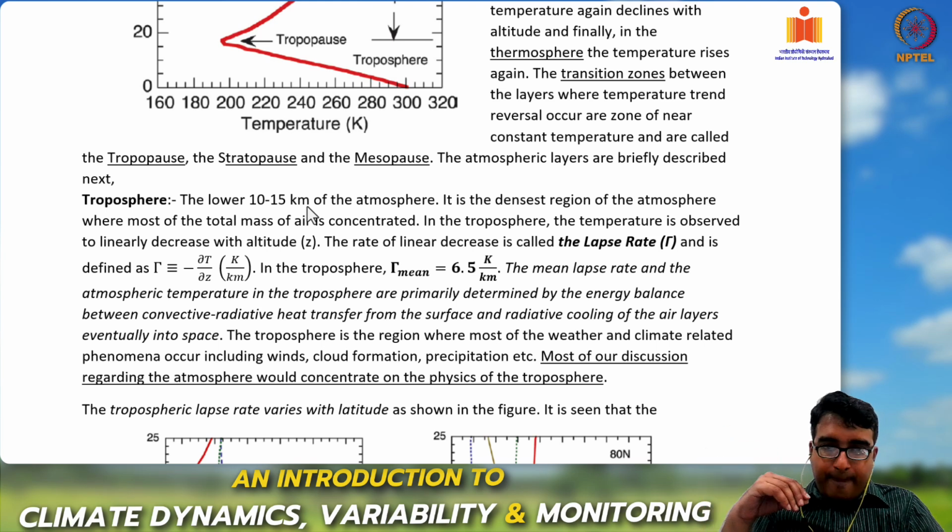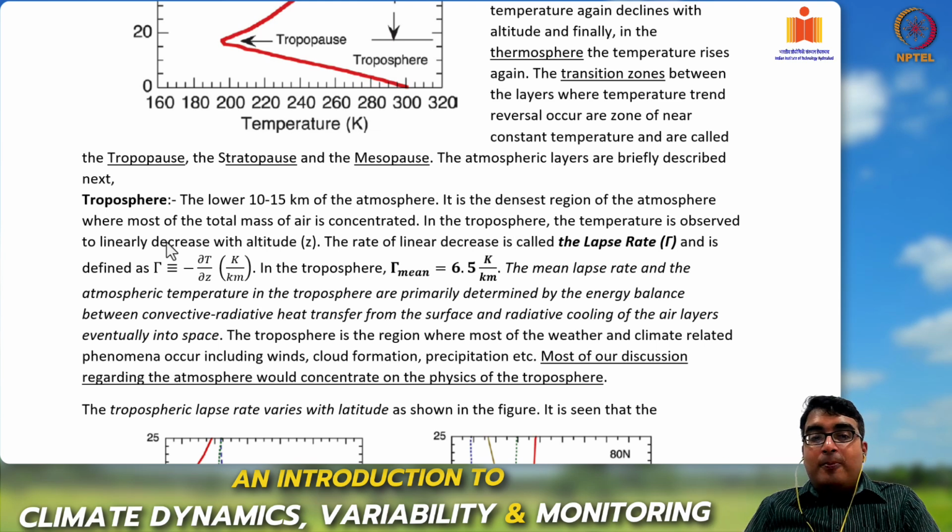Here the temperature is observed to linearly decrease with altitude z, and this rate of linear decrease is called the lapse rate, capital gamma. We call this rate of change of temperature with altitude the tropospheric lapse rate, which is defined as minus the gradient of temperature, minus del T by del Z, where Z is altitude, in kelvins per kilometer.